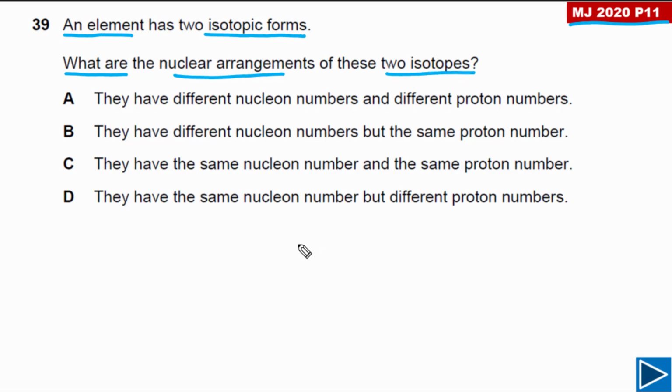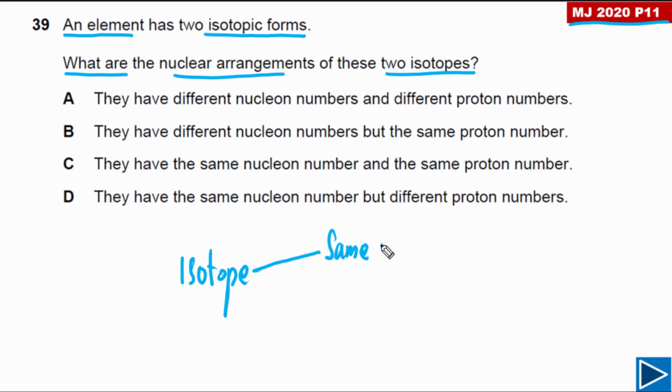Simply, you need to understand what an isotope is in order to answer this question. First of all, let's try to understand a little bit about isotopes. Isotopes are atoms of the same element with the same atomic number.